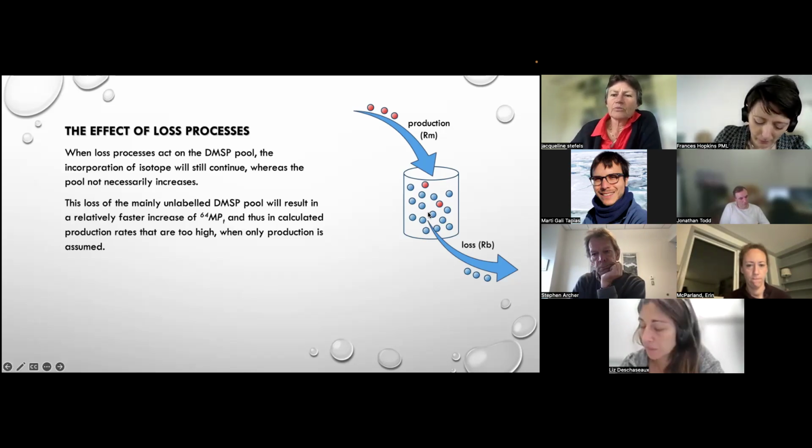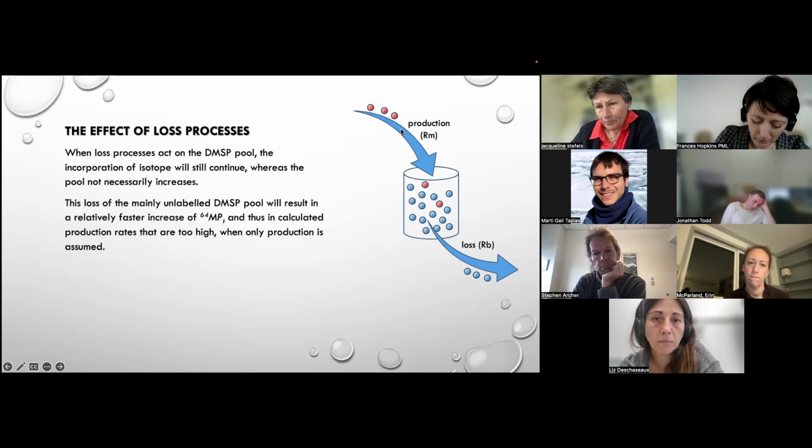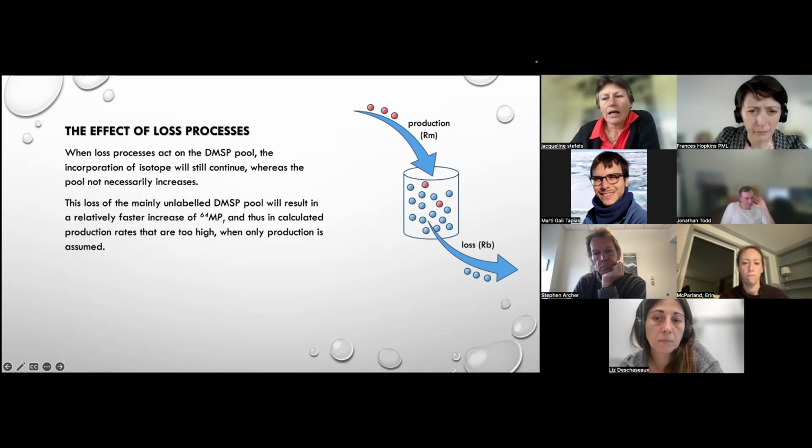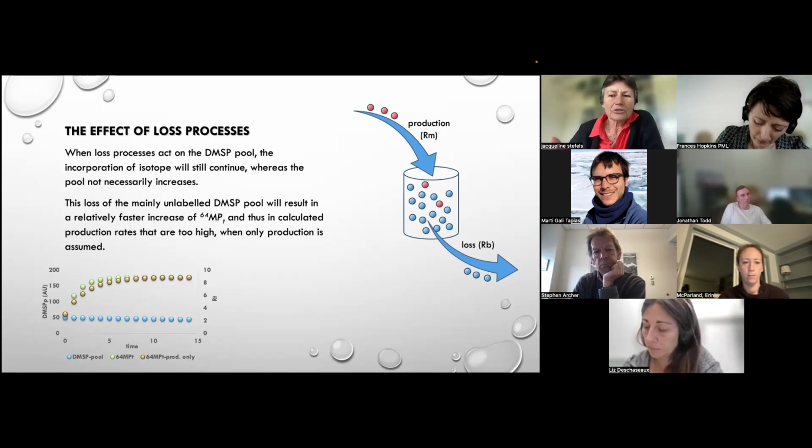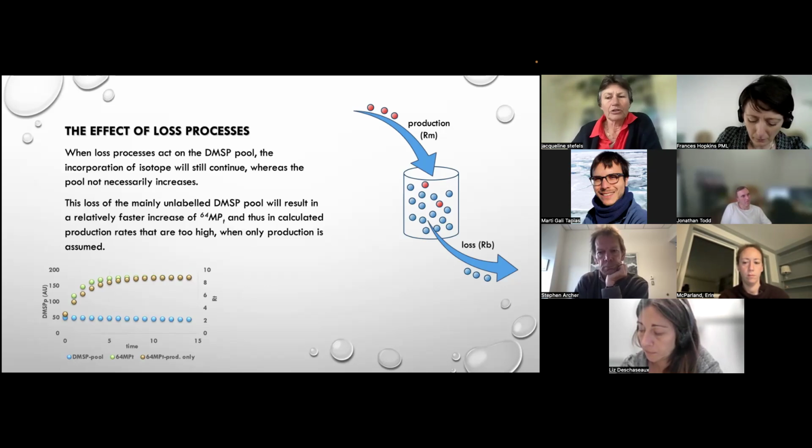What happens then is that the production produces DMSP with the highest ratio, but the loss is mainly from the already present pool, which has the background ratio, and that means that the newly formed DMSP adds quicker to the ratio of the total pool. That's depicted over here.